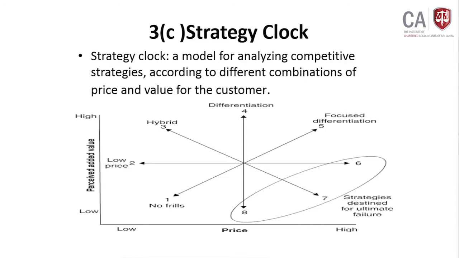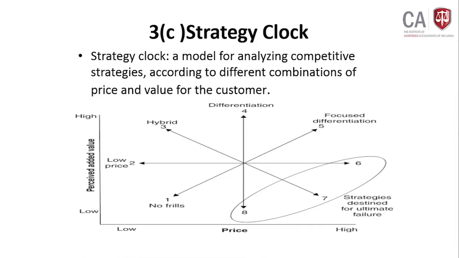Seven is also similar. We look at strategy number 7. In there, we are offering a low added value product at a higher price. It is not practical to imagine a customer is willing to pay a higher price to buy a low added value product.